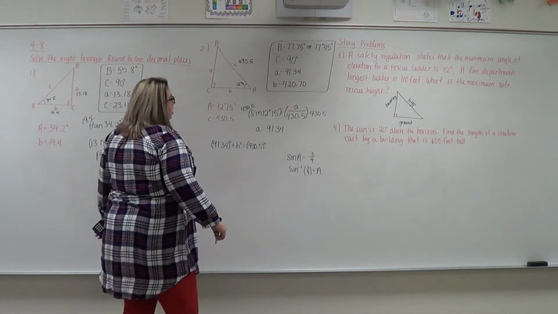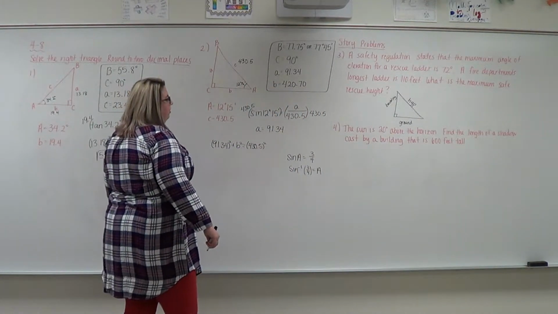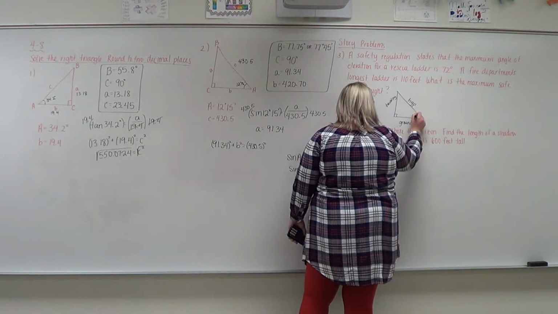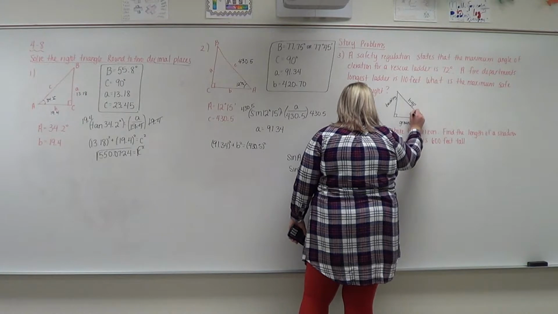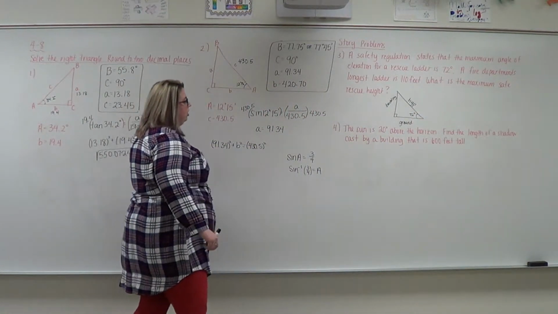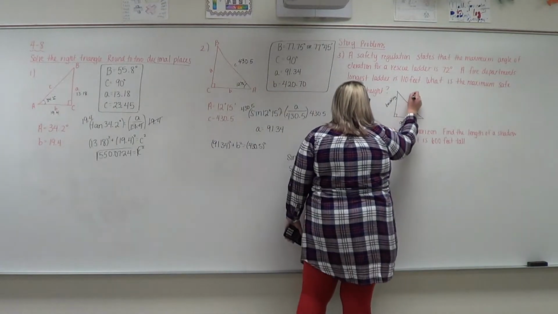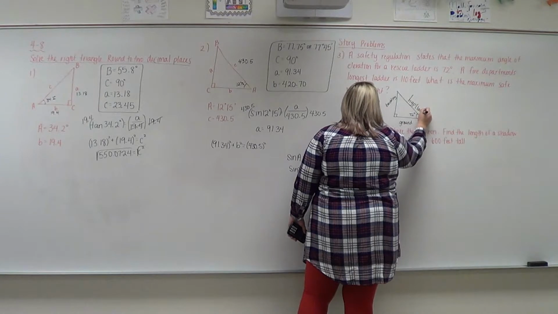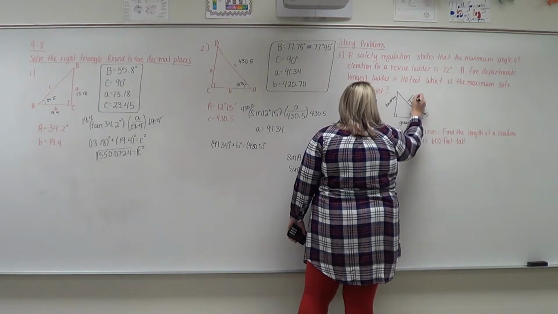It says the maximum angle of elevation is 72 degrees. It's angled off the ground, so this would be your angle. The longest side I have is 110 feet, so my hypotenuse is my ladder. So that's 110 feet.